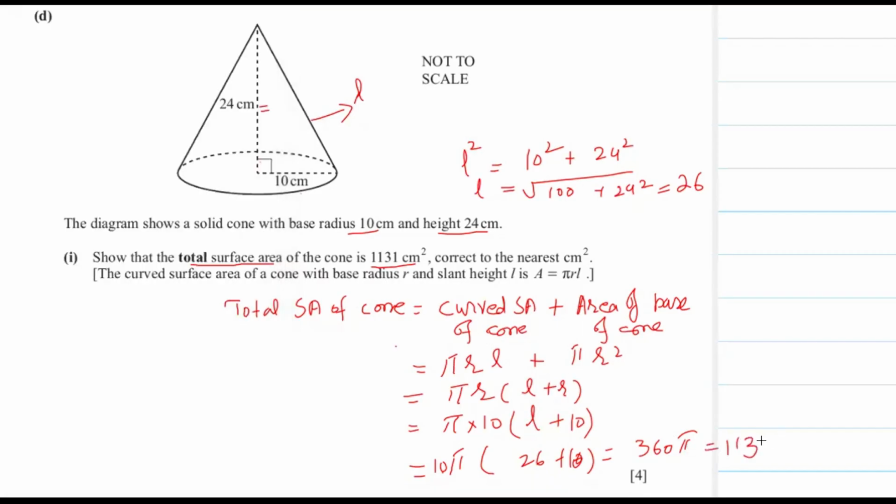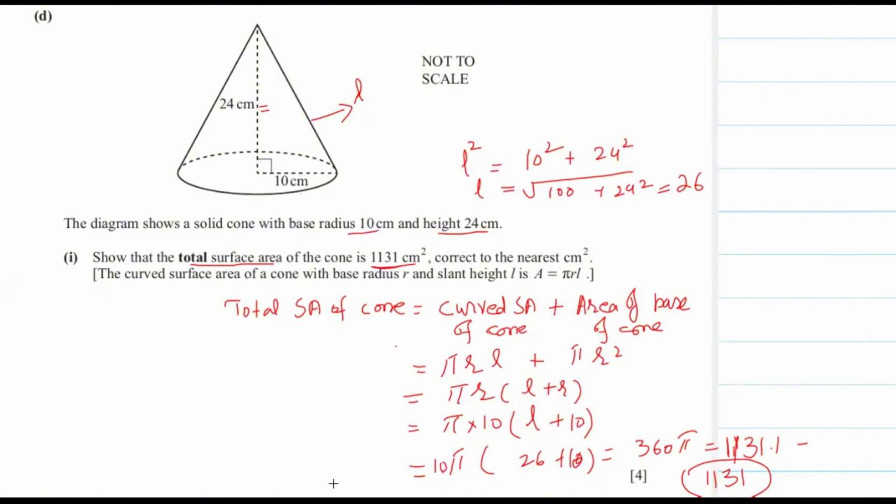This is the total surface area of the cone, and we have to prove the area of cone is 1131, and this is the value of total surface area of cone, hence it is proved.